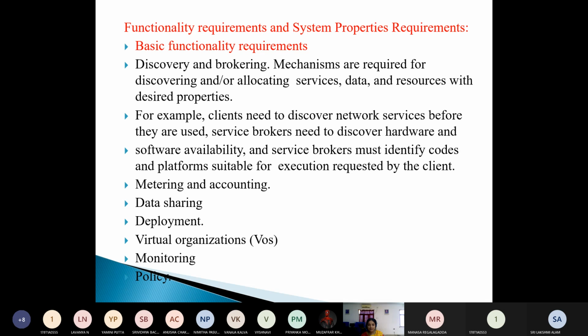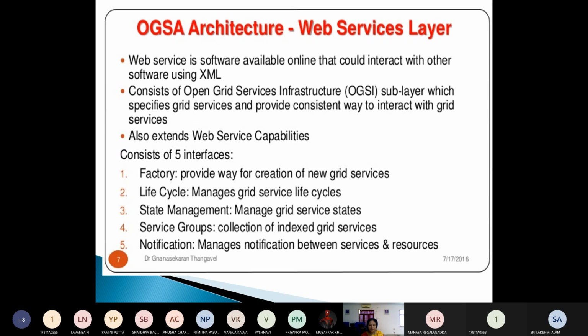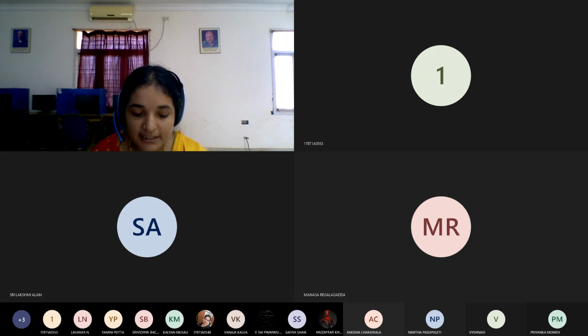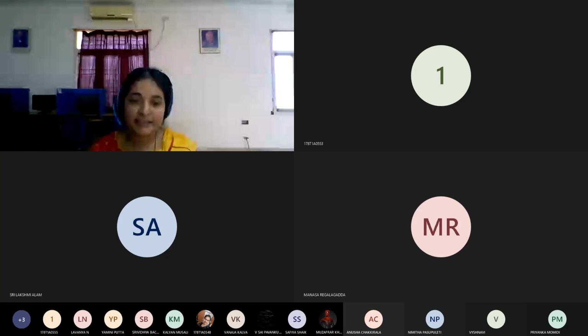Next, in the OGSA functional requirements, we have basic functions, security functions, and resource management functions. First, basic functions. What is the use of basic functions?